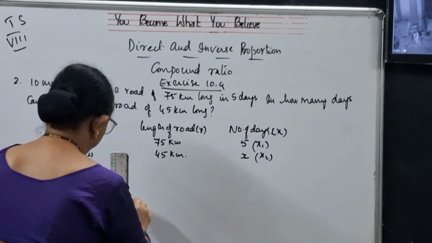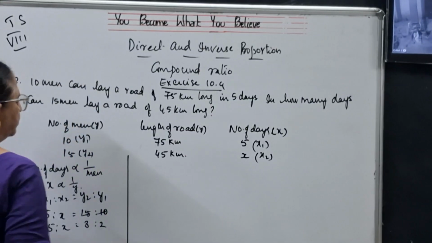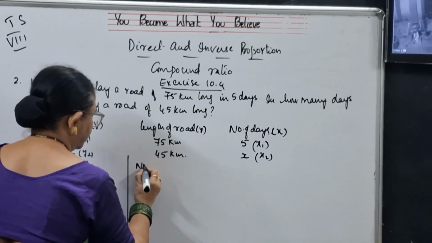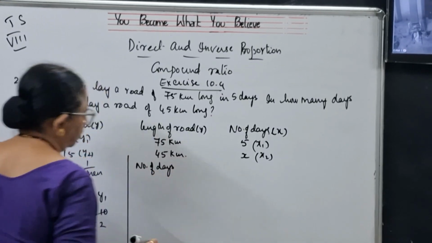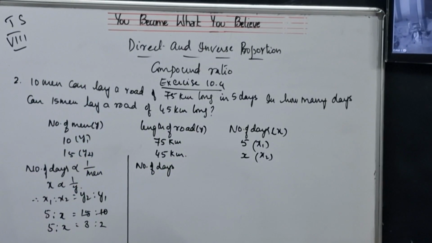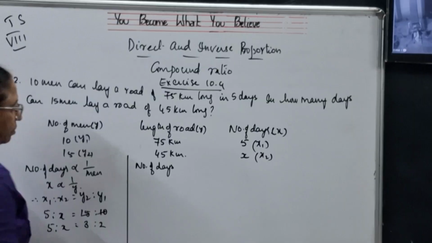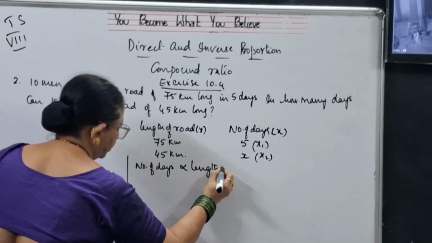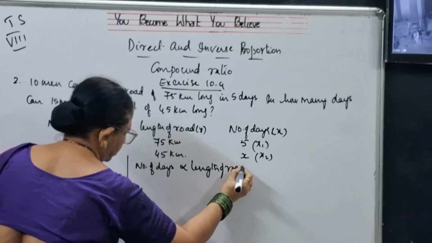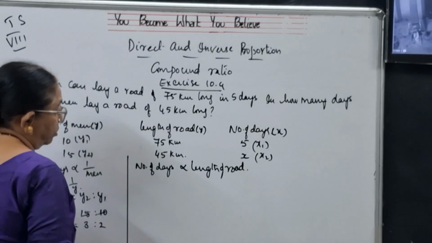Next, let us go to the next part. Number of days and road. How are they? Length of the road and number of days. Number of days is directly proportional to length of the road, because if days increase, length covered will be more.